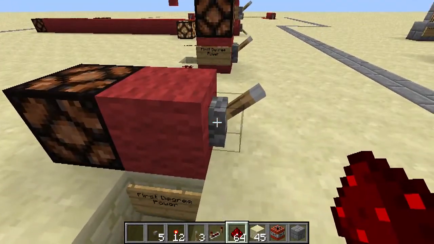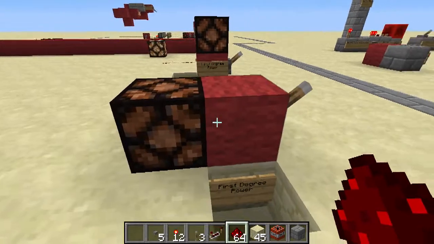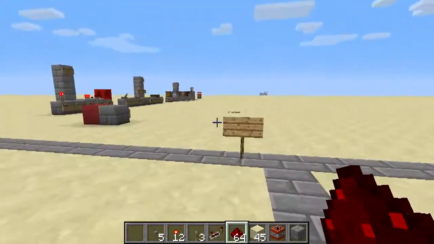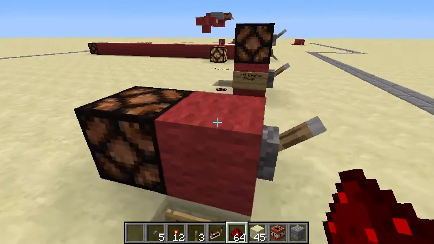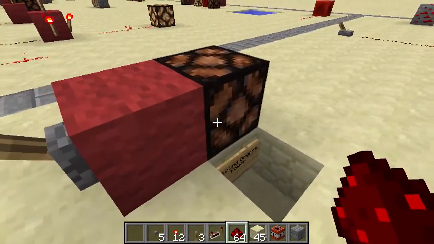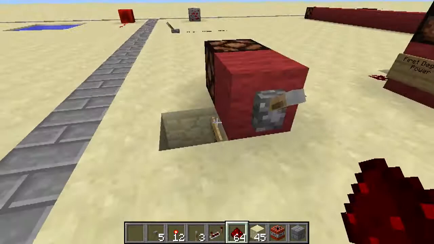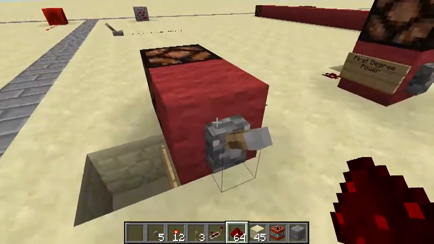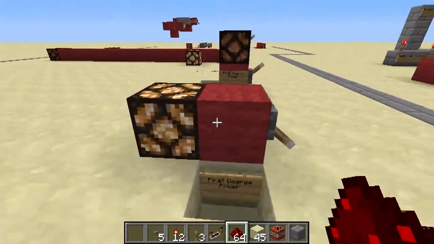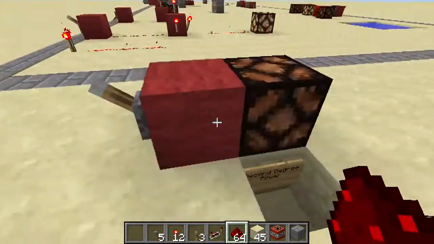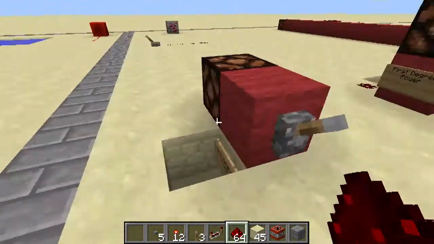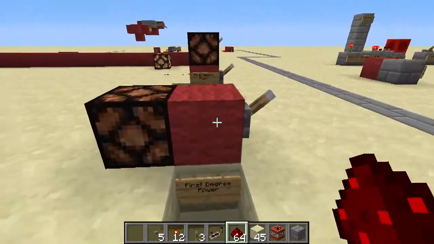So as you can see right here, I have a lever which is going to act as our input, a red wool block which we know as being an energized block, and then an output, in this case a redstone lamp. And this could be anything, a piston, a trapdoor, a gate, whatever it is. So if I flick this on, as you can see, the light turns on, and this is the concept of first degree power and second degree power. So this is an important concept.